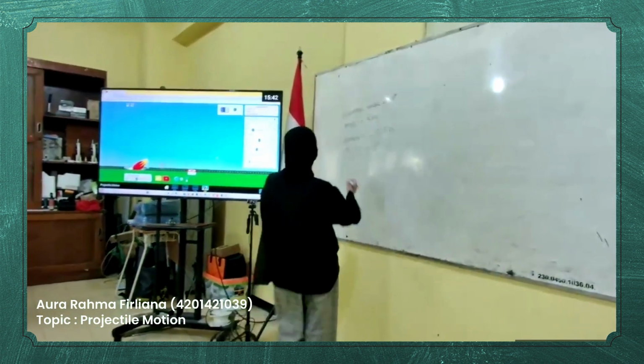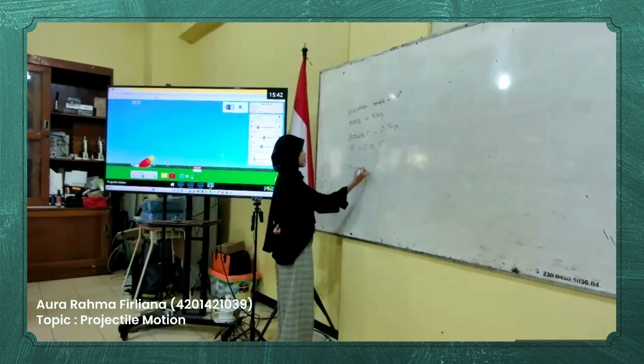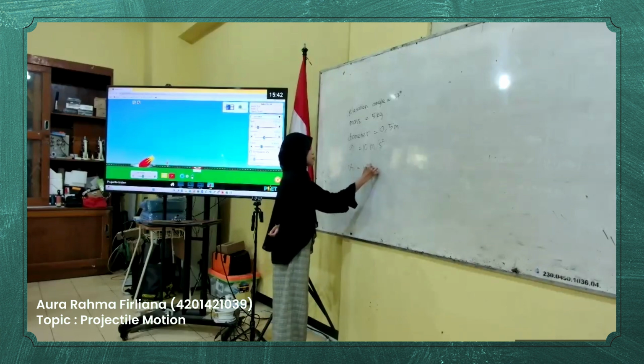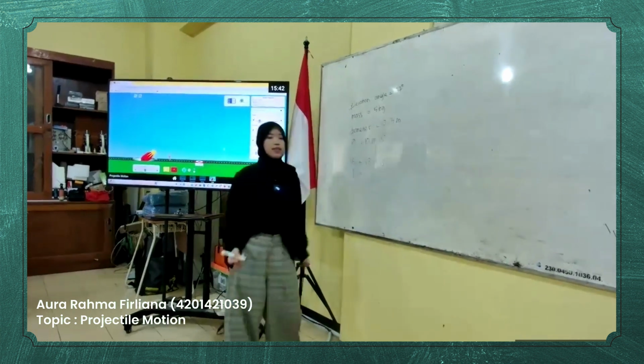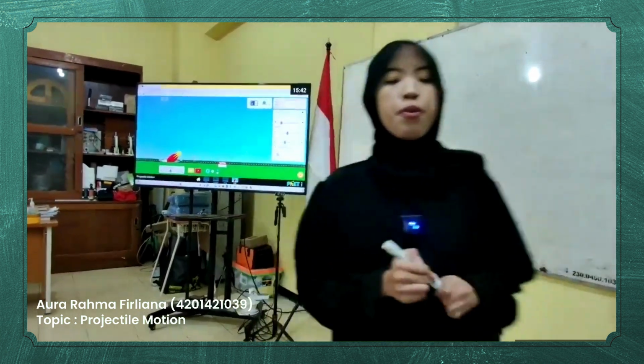Okay. First, I will try with the first initial speed of 30 meters per second, and we will measure the distance of the dropped ball. Okay, we will try it.